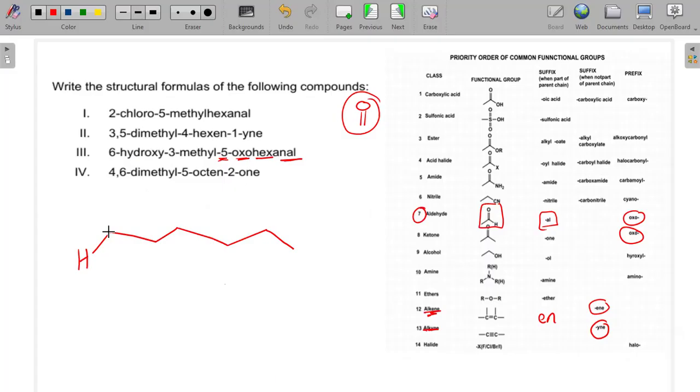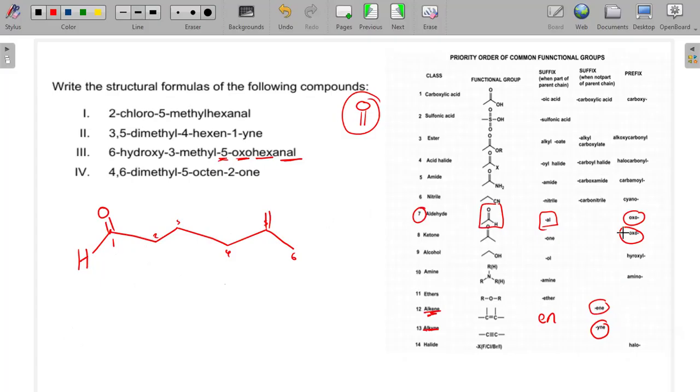And at carbon number 1, we know we are having carbon being double bonded to oxygen so that we form this functional group of an aldehyde, isn't it? And we have been told at carbon number 5, we are having an oxo.